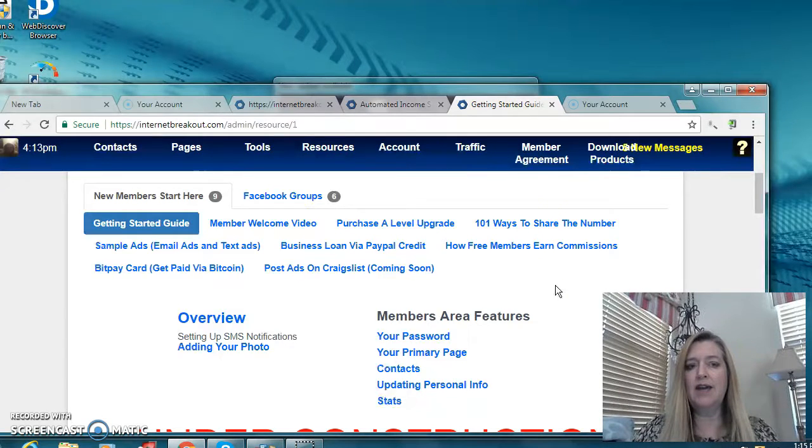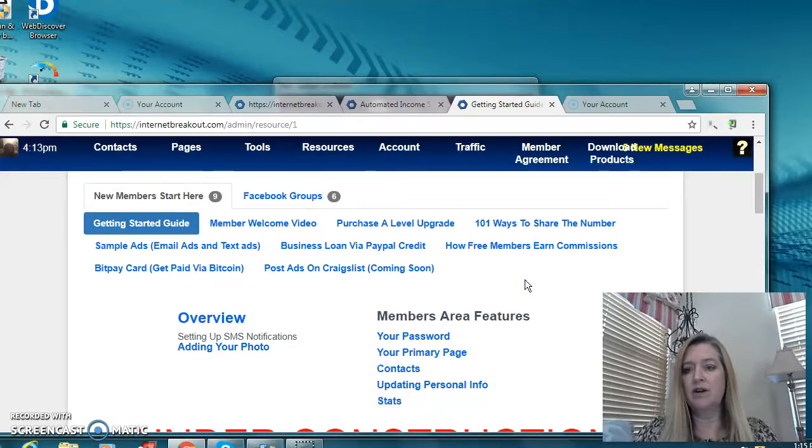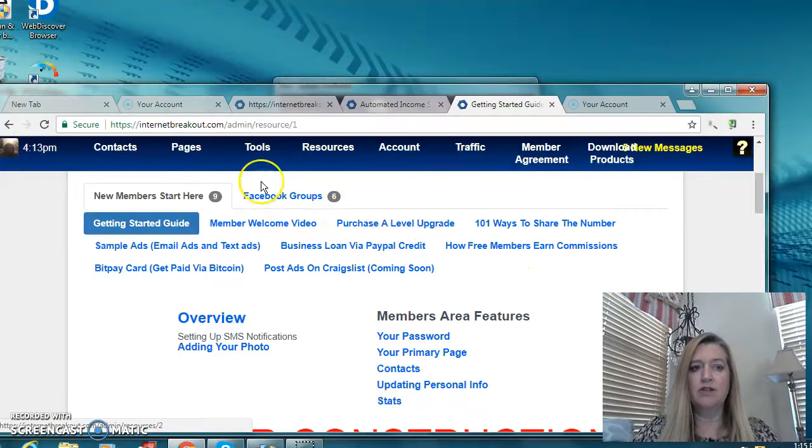It has, I believe, 6 different levels. The beginning level is $39, and then there's a 97, a 297, a 597, a 997, a 1497, which is the diamond level, and then there's also a double diamond level, which is $1997, and you earn a commission on each of those.